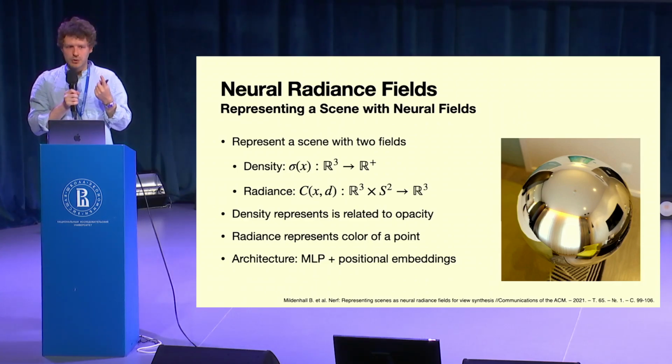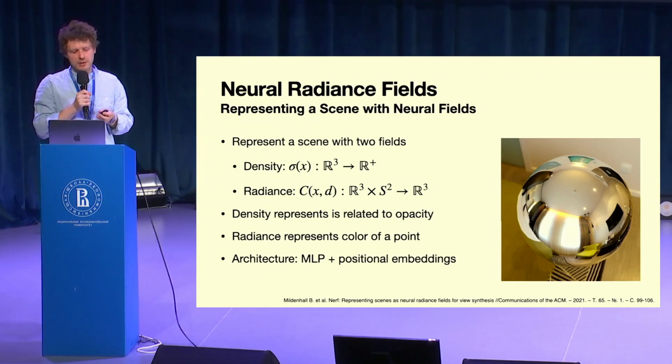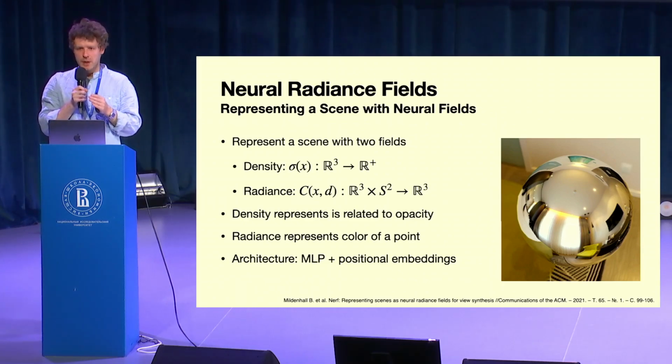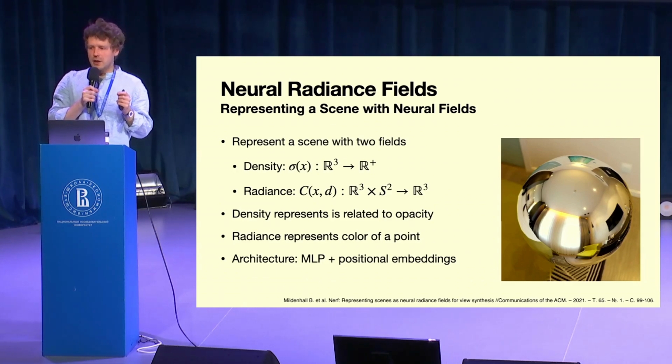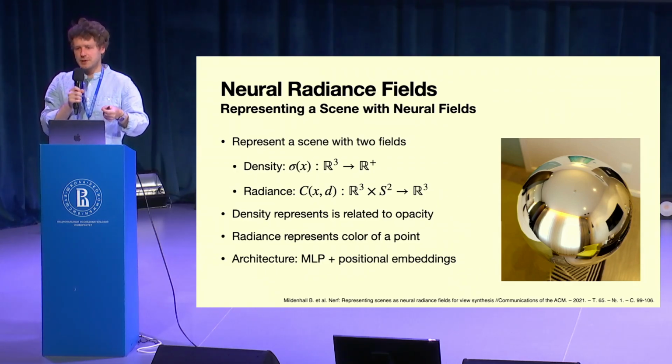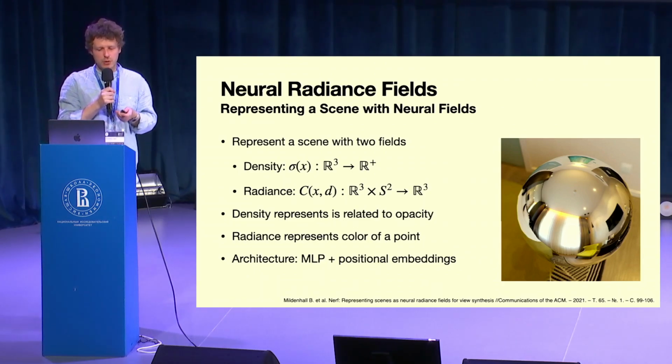The only important nuance this architecture has is that instead of taking the point as it is, it will use a positional embedding of the point. The positional embedding I'm talking about is just a copy of the positional embedding solution used in transformers, which transforms a 3D point into a vector of sines and cosines in order to represent a position and be able to use it inside the neural network.